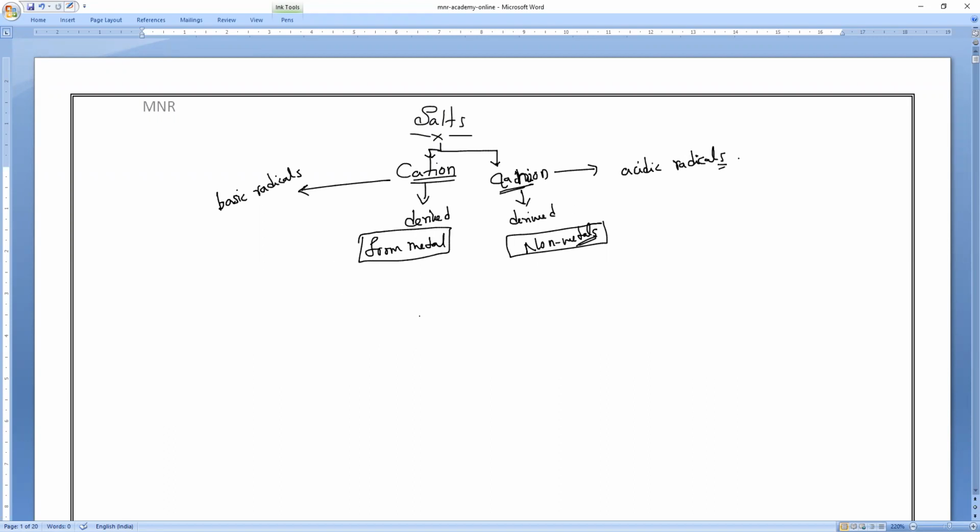If you take cation plus anion combined, we get a salt.